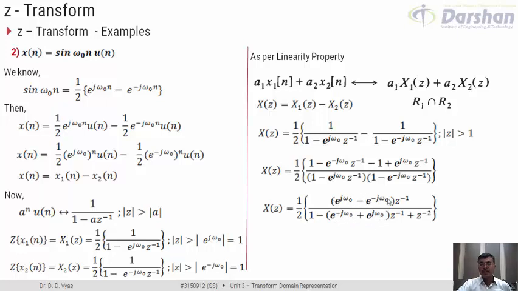Similarly, the term in the numerator can be written from this relation as 2j sine omega 0. That 2j sine omega 0 and this 2 may cancel one another, ultimately giving us this form. It would be equal to sine omega 0 z inverse upon 1 minus 2 cos omega 0 z inverse plus z raised to power minus 2, ROC mod z greater than 1.